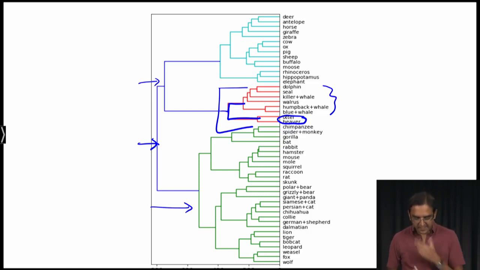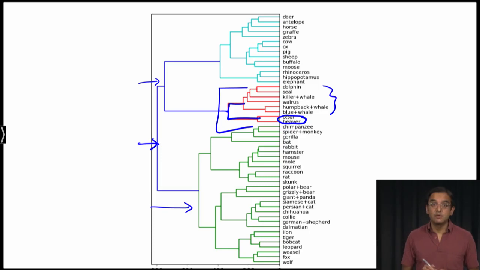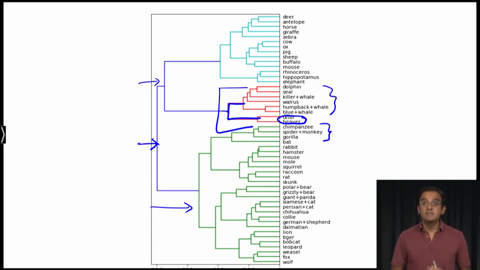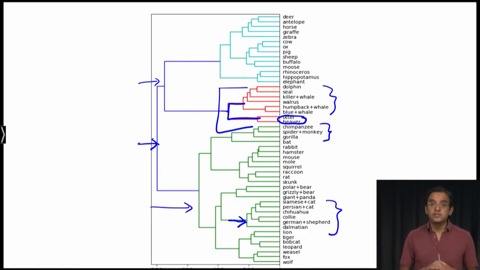Okay, let's look at some of the other ones. So there's a really big green cluster, so let's look at some of the smaller clusters within it. Over here we have a cluster of 3 animals: chimpanzee, spider monkey, and gorilla, primates. Okay, very sensible. Over here, let's look at the cluster represented by this branch. It contains Dalmatian, German Shepherd, Collie, Chihuahua, Persian cat, Siamese cat.